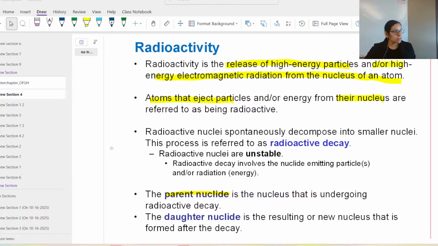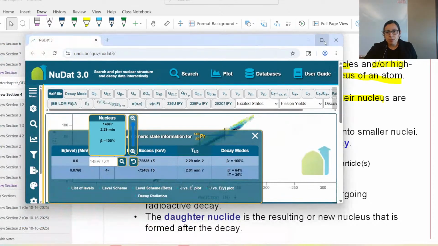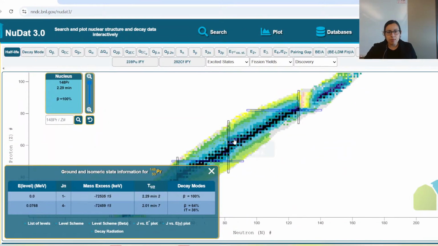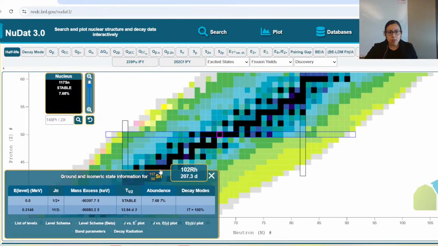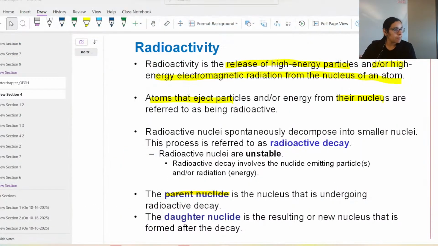I think the poster gets rotated around. But there are other sources where you can knock yourself out and look at all the different isotopes and why they are stable or what kind of decay they undergo. Most of that has to be studied.